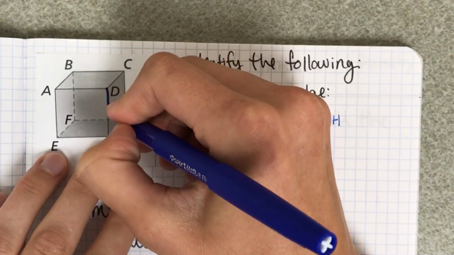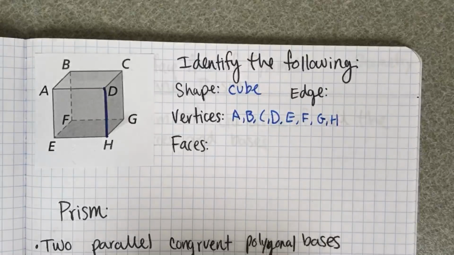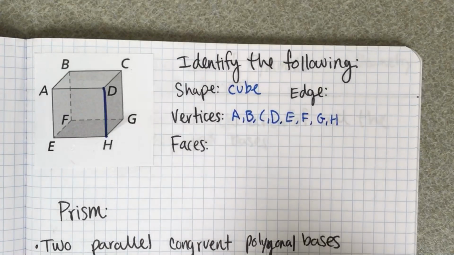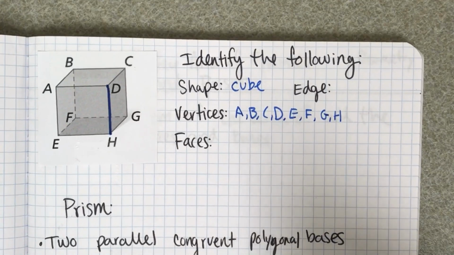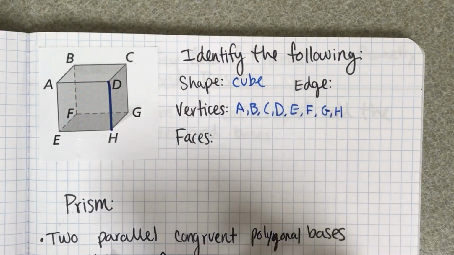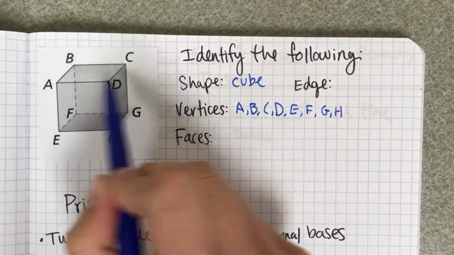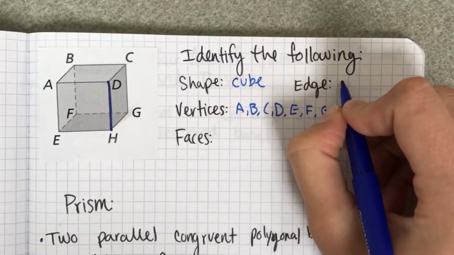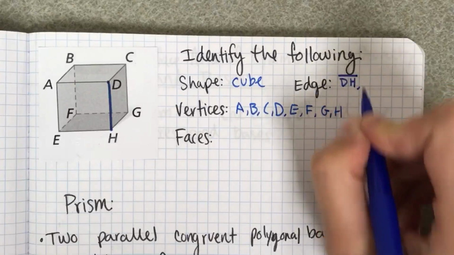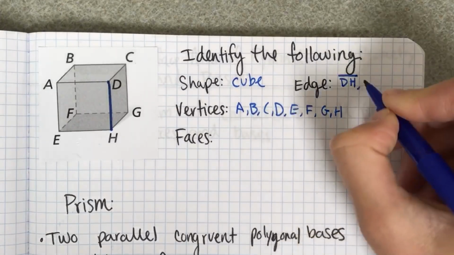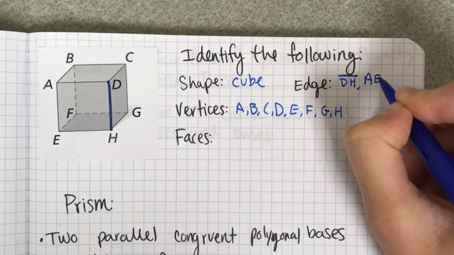So here would be an edge, okay? And we're gonna find all of them around the entire shape. So let's start with all the vertical edges first. So we have DH. We put that little line on top because it's a segment. We've got AE.